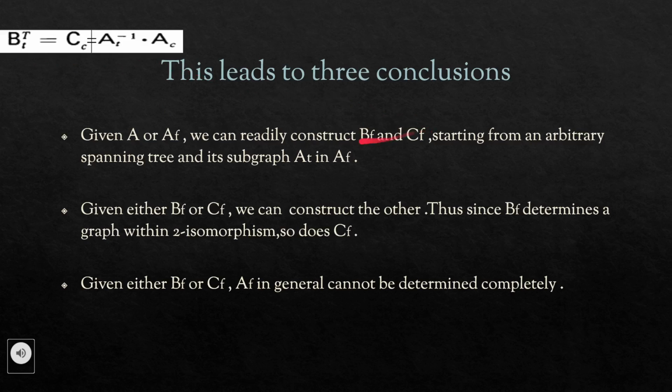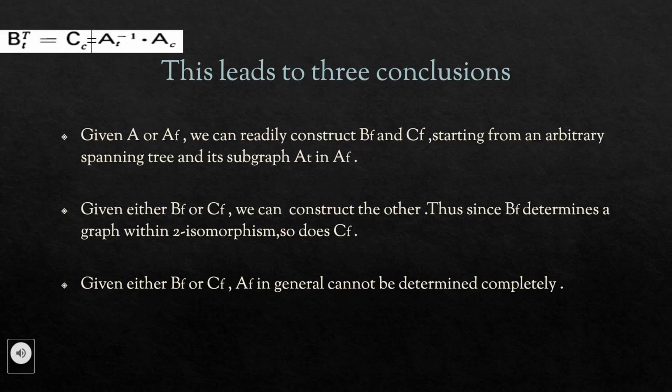The second conclusion is that given either BF or CF, we can construct the other. Since BF determines a graph within two isomorphism, so does CF. Here also, if we know BF, we also know the values of Bt transpose, and thereby we get the values of Cc and At inverse dot Ac. Then by knowing the value of Cc, we can construct CF.